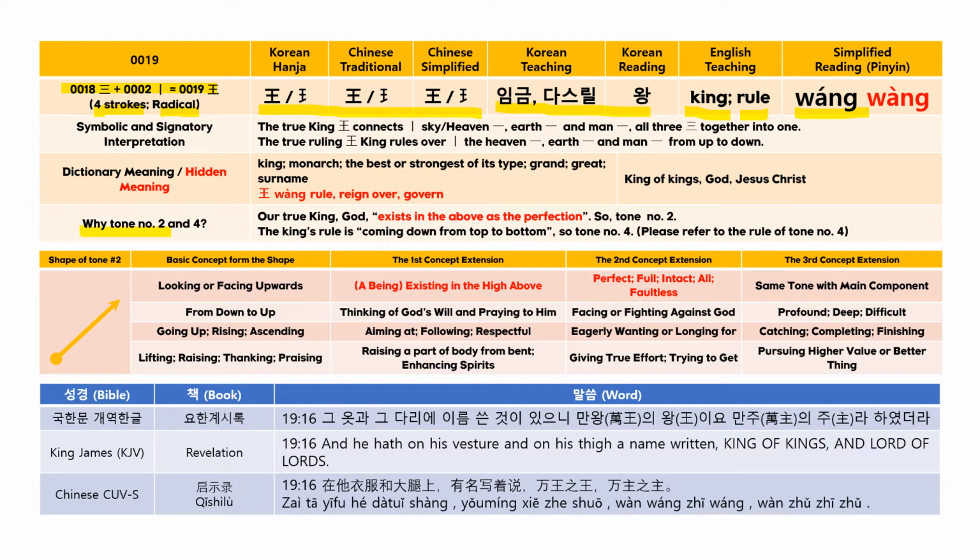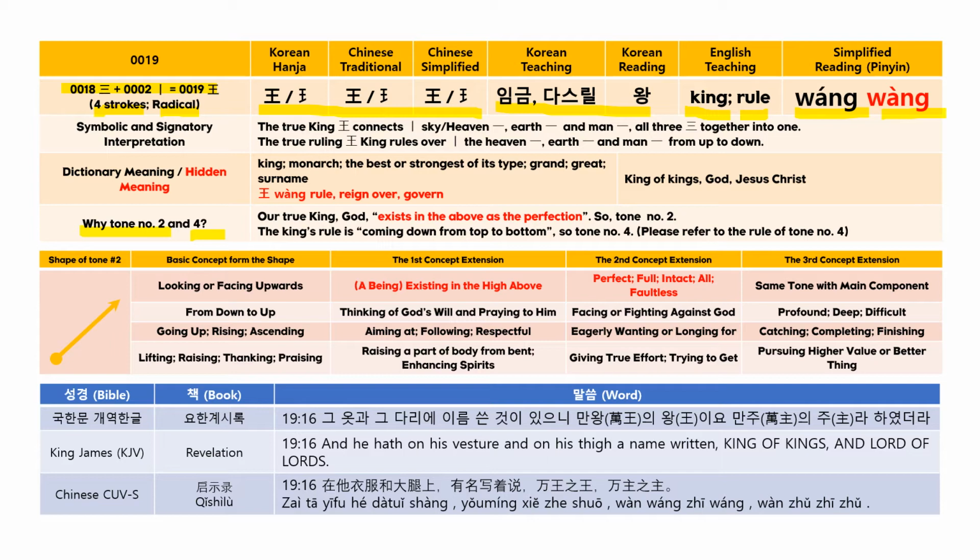Also, there is another tone number value, wáng, wáng, tone number 4. Okay, I already addressed the tone number principle as a separate lecture for 2 and 4. Below this lecture, you can find the link.